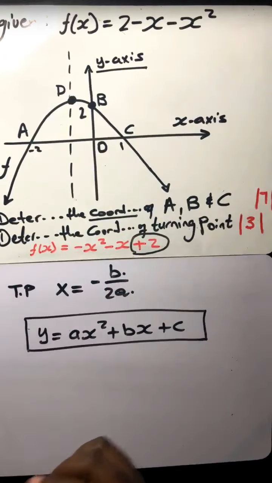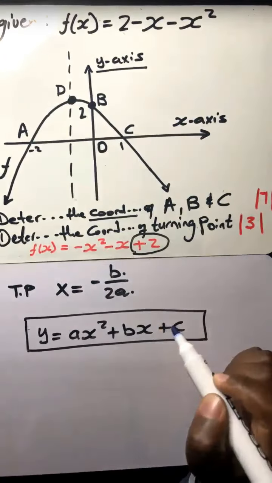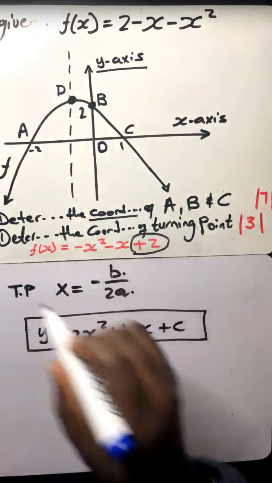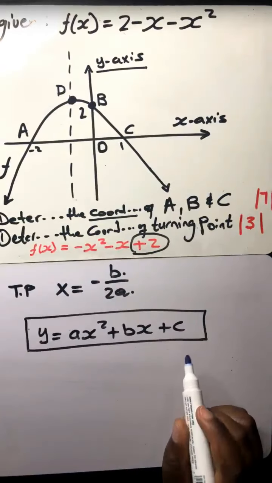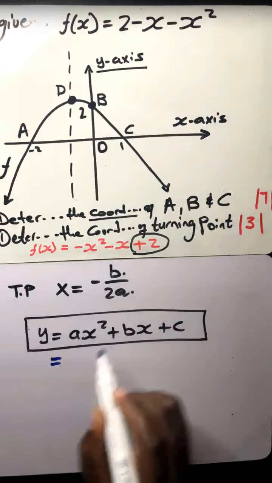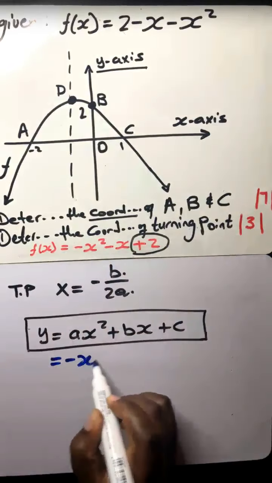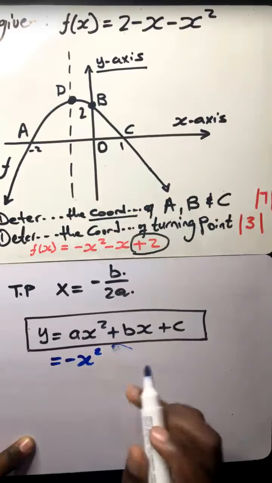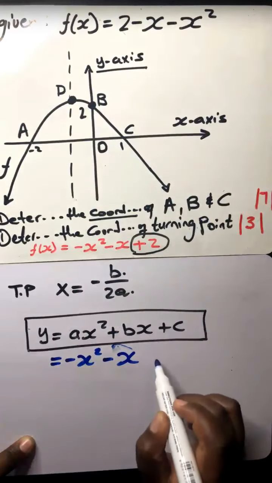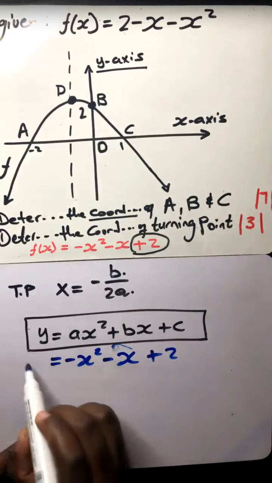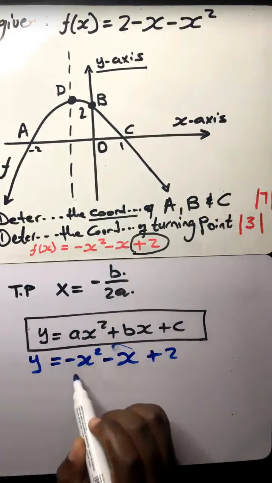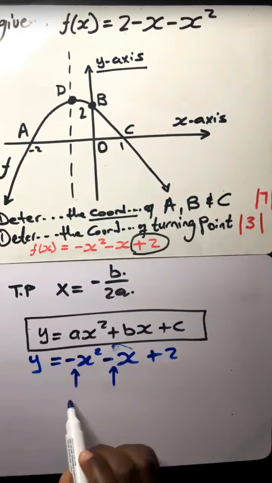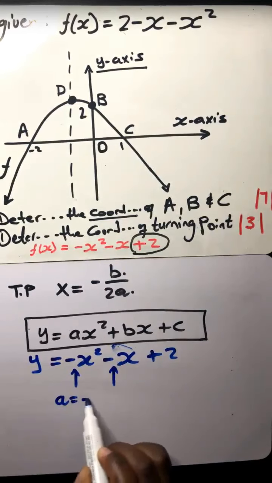So remember, guys, those values of a and b come from that original or that given function. So remember, there we've got negative x squared. It's not even a plus, but it's a minus x plus 2. So can you see? We've got an invisible 1 there. We've got an invisible 1 there. So that means our a value is equal to -1.